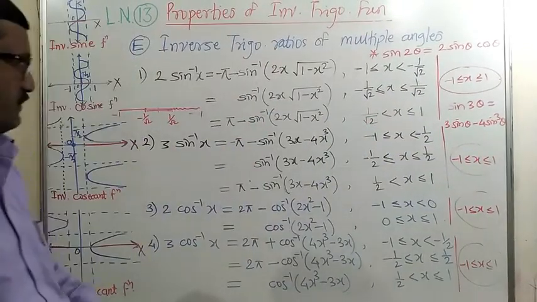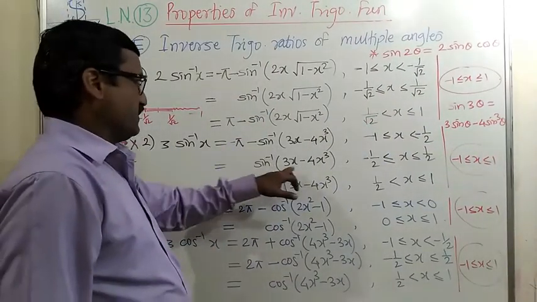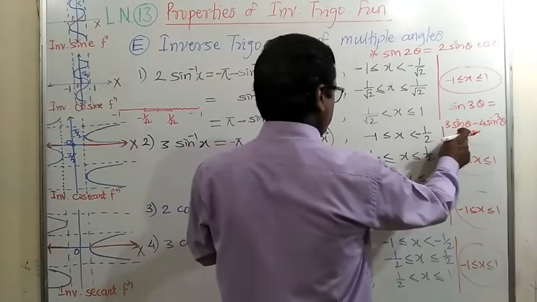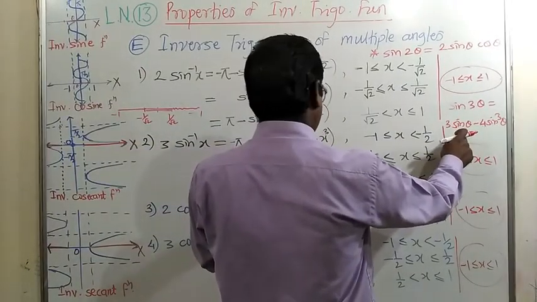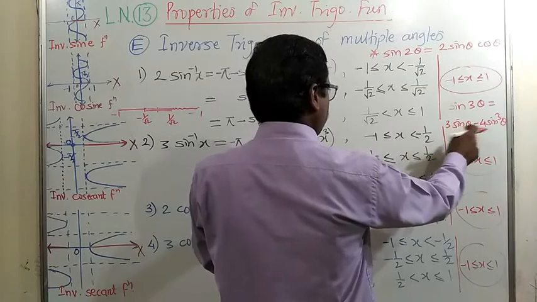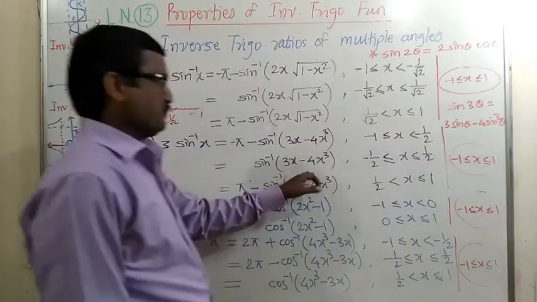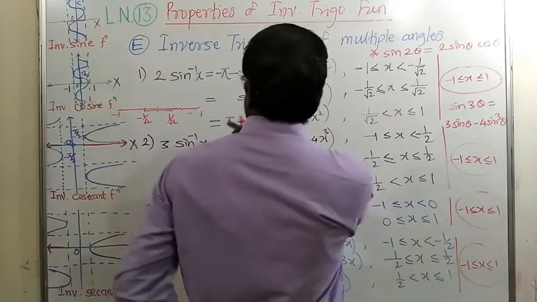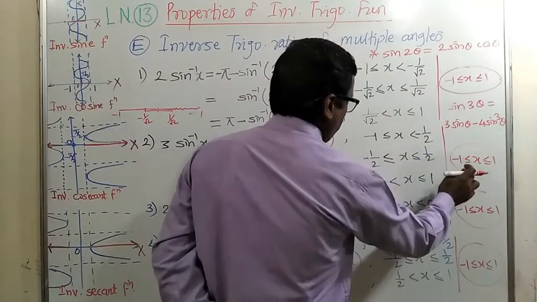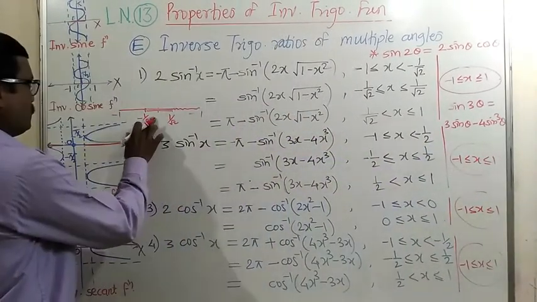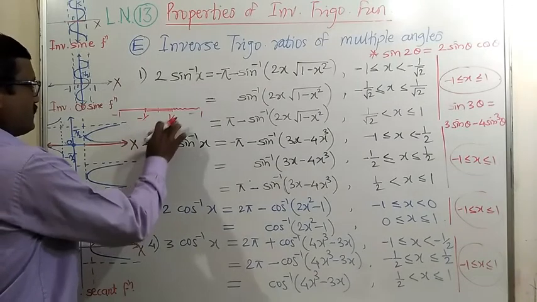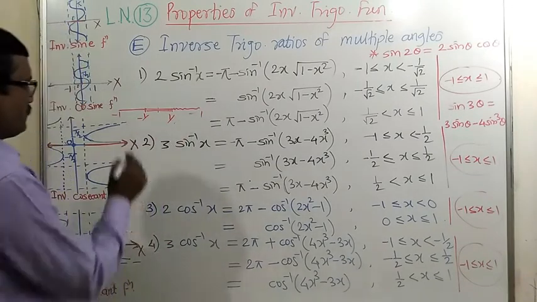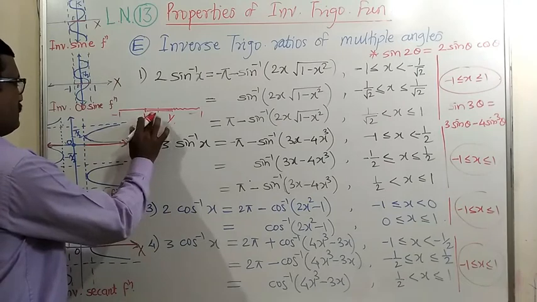So remembering that formula, you can write this expression, that is, instead of sin theta, put x. So 3x minus 4x cube. So similar to those subintervals, here -1 to 1 is divided into 3 parts or 3 intervals. Those are nothing but -1 to -half.